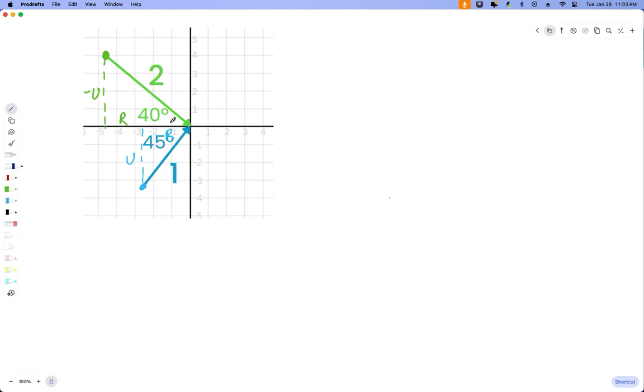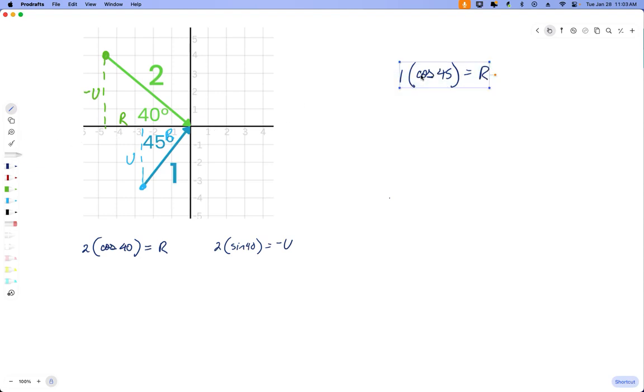So we're still going to say 2 cosine 40 is equal to a positive R, because this is a positive R. And then 2 sine 40 is equal to negative U. That's for this one. For this one, we would say 1 cosine 45 is a positive R.